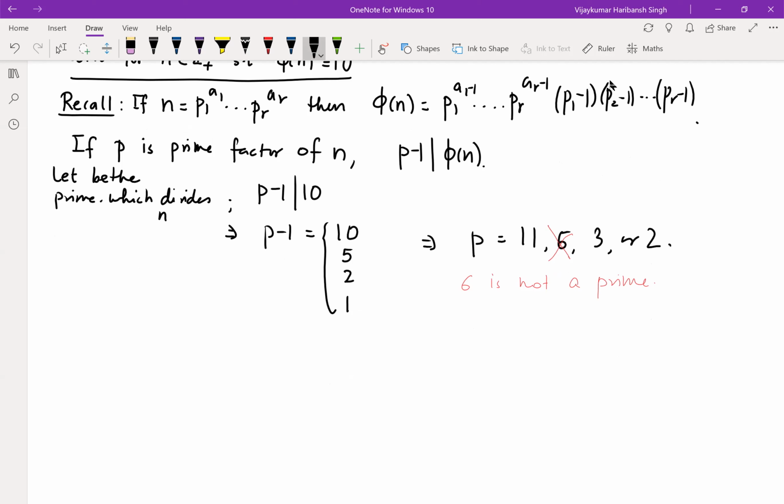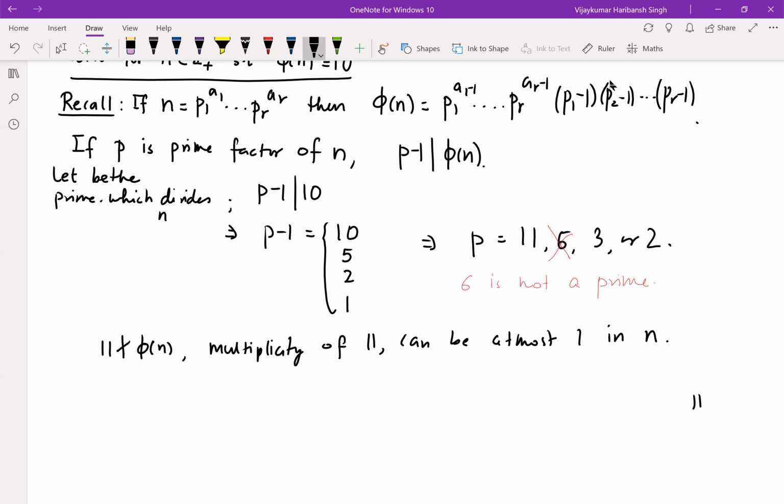Now, notice that since 11 does not divide phi of n, the multiplicity of 11 can be at most 1. What do I mean by multiplicity?